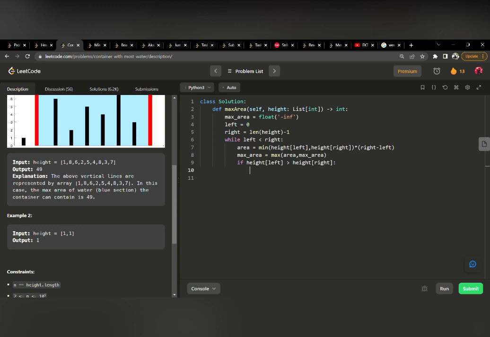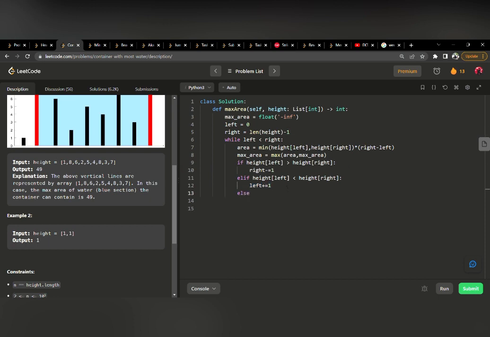If it is greater, then we need to decrease the right pointer, and elif height of left is smaller than height of right, then we need to increase the left pointer. Okay, if it is firstly at 7 and 1, the left pointer would increase to 8, so it will go in this condition because height of left is smaller.